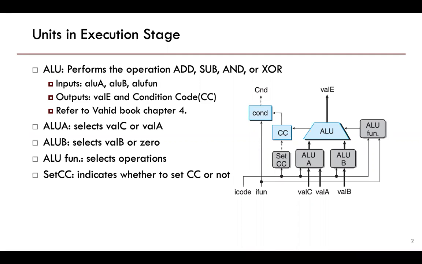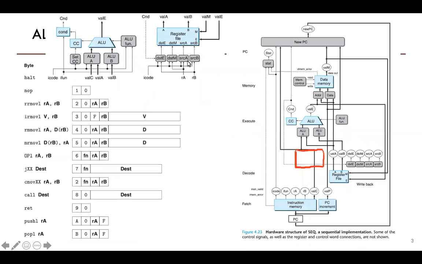Next is the ALU A component. What it does is similar to srcA and srcB in the register file, like the decode stage. We discussed this, and it selects either rA or rB.